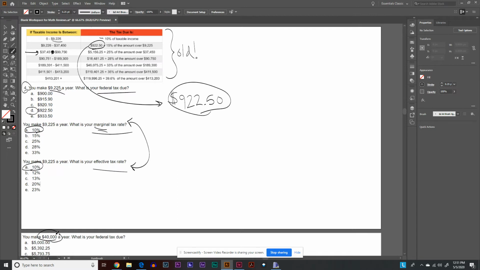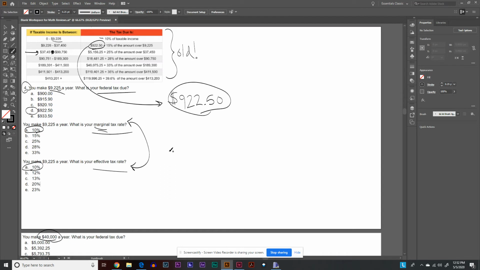So for somebody who makes $40,000 a year, their first $9,225 are only being charged 10%. Their second bracket, all from $9,226 all the way up to $37,450, is being charged 15%, and then only the amount over the $37,451 is being charged at 25%, right?